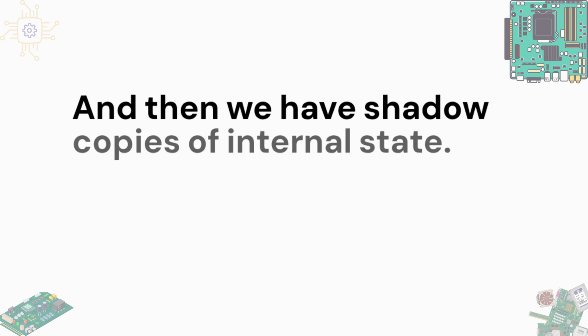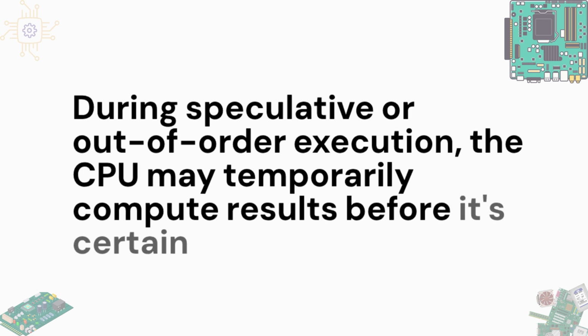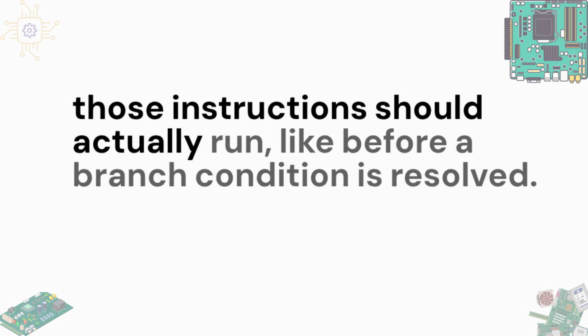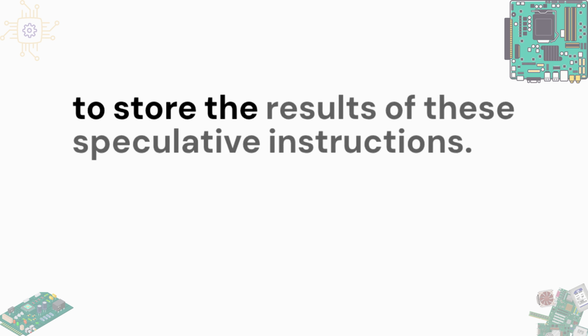And then we have shadow copies of internal state. During speculative or out-of-order execution, the CPU may temporarily compute results before it's certain those instructions should actually run, like before a branch condition is resolved. To handle this safely, the CPU uses shadow copies of registers and internal state to store the results of these speculative instructions.